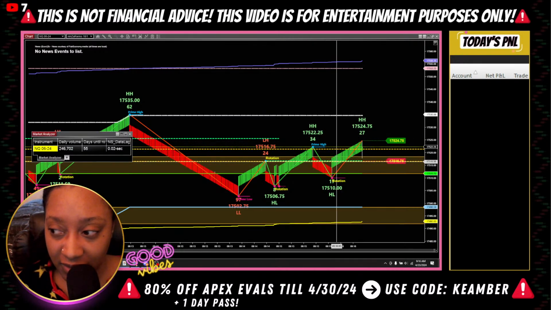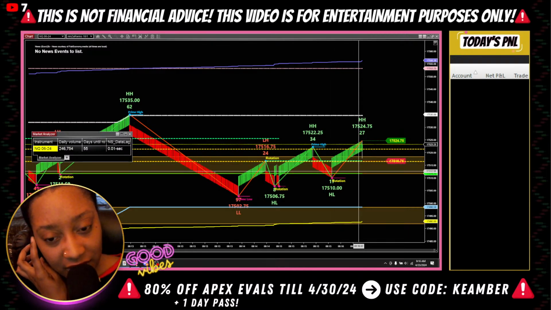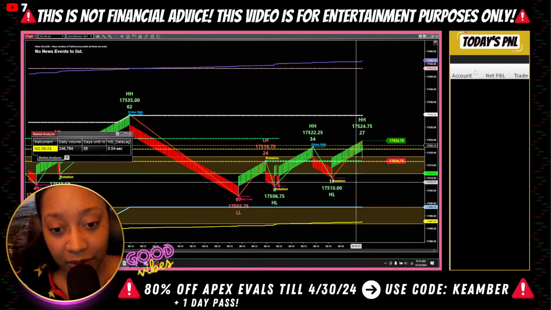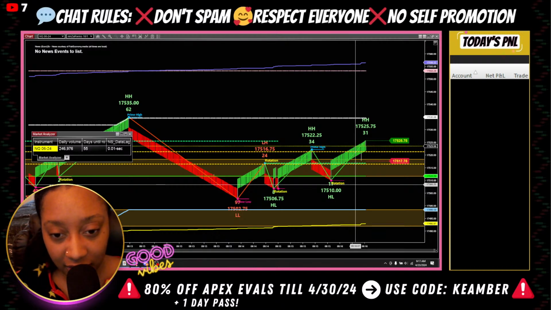I probably could have taken this buy right here, but it touched my major level, and I don't really like taking any trades that touch my major level unless it's specifically a trade at my major level. I don't know how to describe it, but I just don't like taking it.